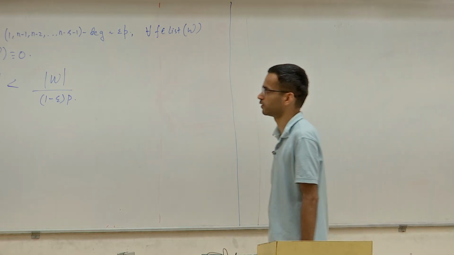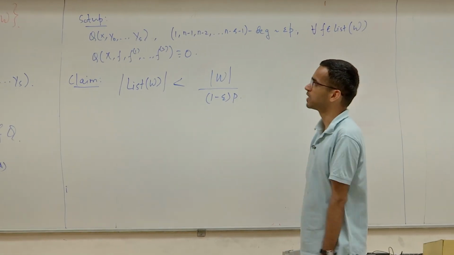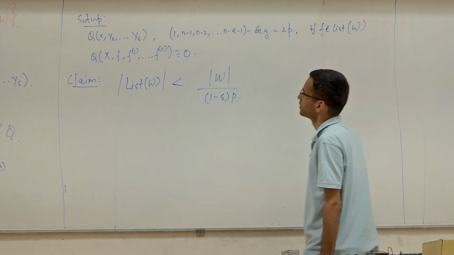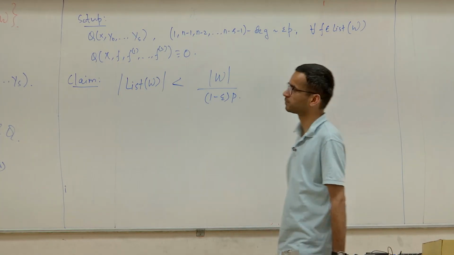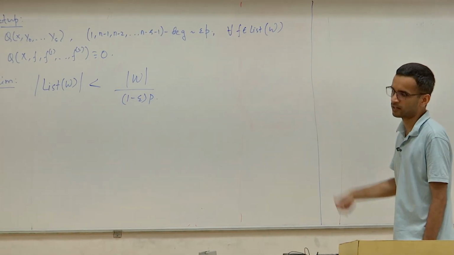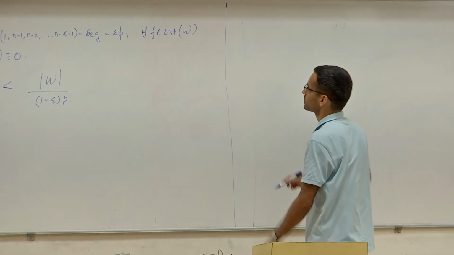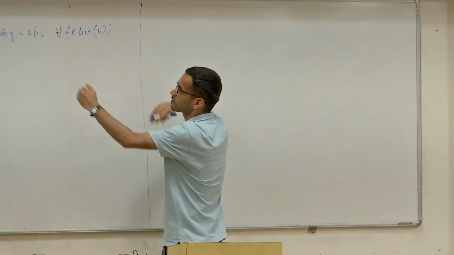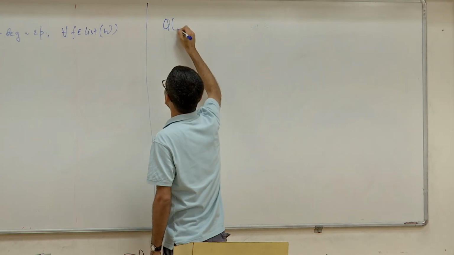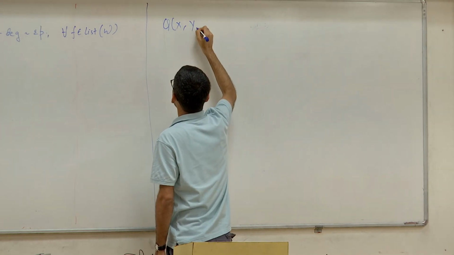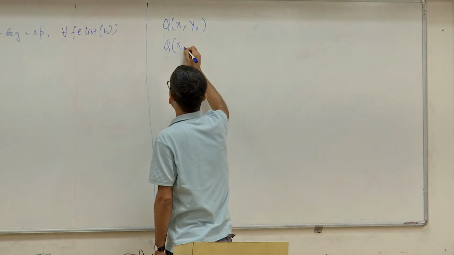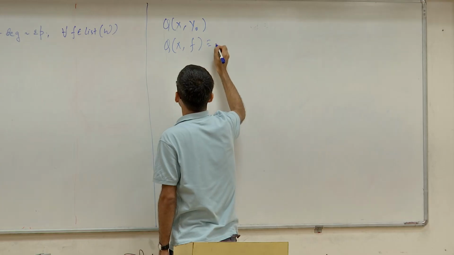So how do we get our hands on that? How many polynomials can there be such that this can happen? So let's take some examples. So suppose that Q was not an s plus 2 variate polynomial, but there was exactly one y variable. So if you are just looking at Q of x comma y naught, and we want to understand how many f's are there such that Q of x comma f is 0.